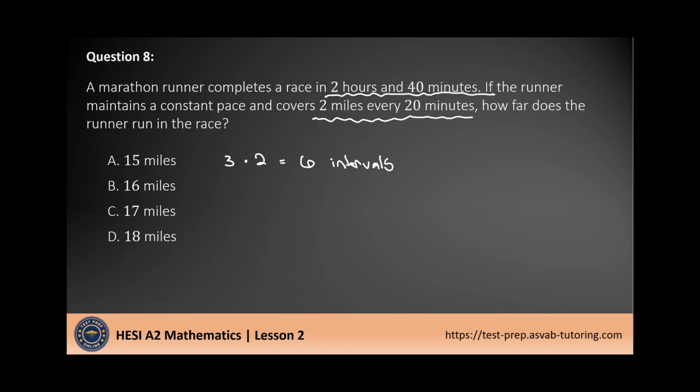Don't worry too much about this word intervals here. We're really just saying how many times does 20 minutes fit inside of 2 hours and 40 minutes. And then we have an extra 40 minutes, right? That's 2 20-minute intervals. So plus 2 intervals.